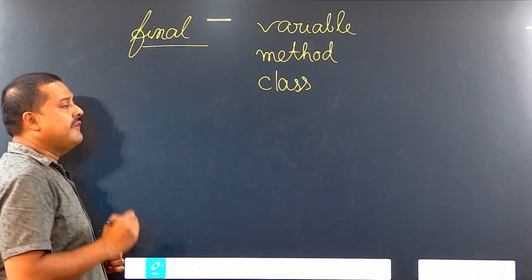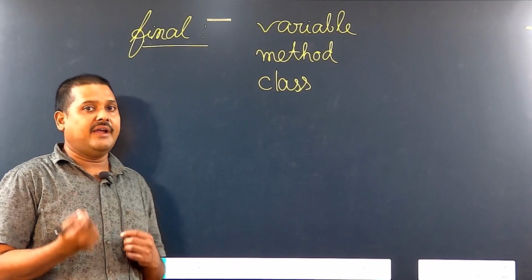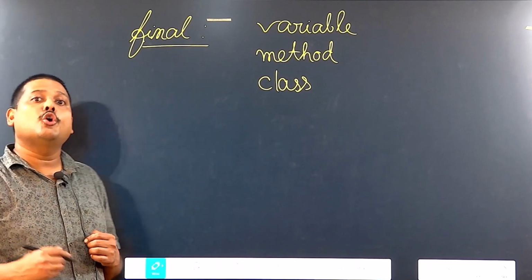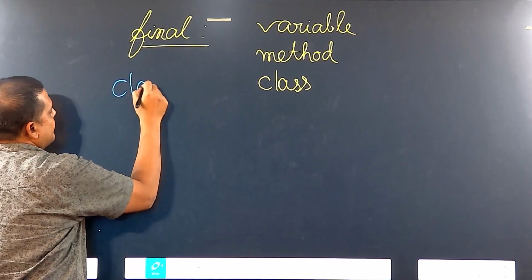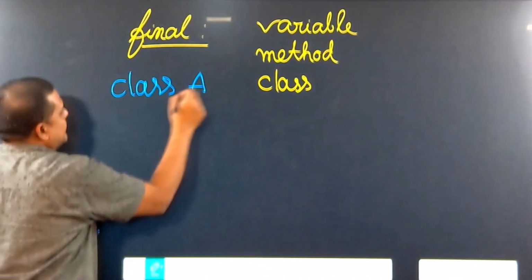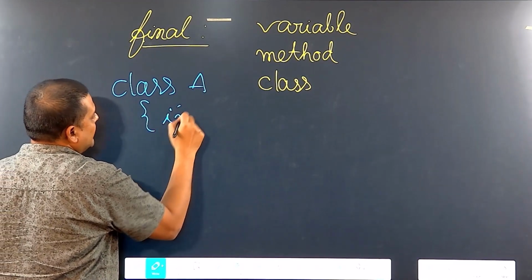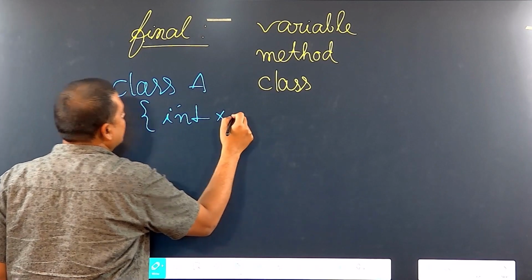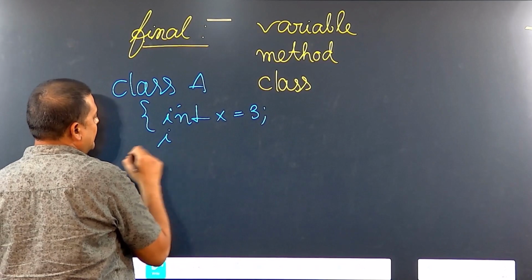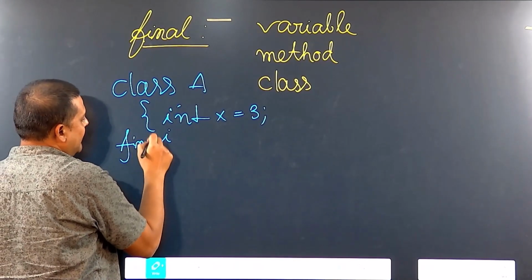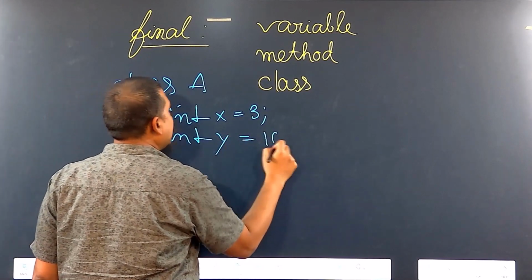If a variable is declared as final, then the variable cannot be modified. Say for example, I have a class A and I have a variable declared as int x equal to 3, and there is another variable, final int y, and y is declared as 10.